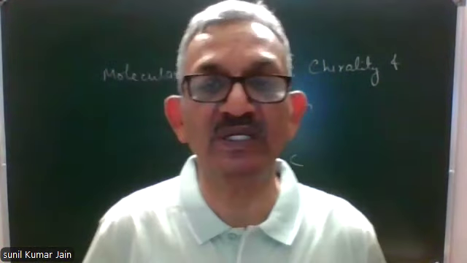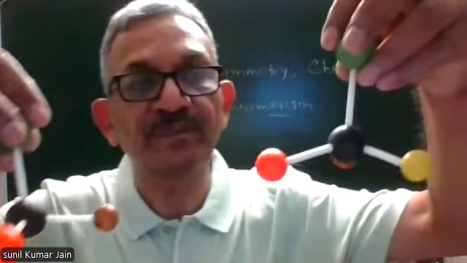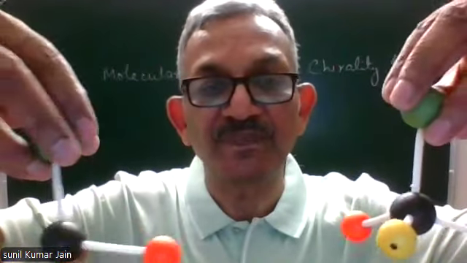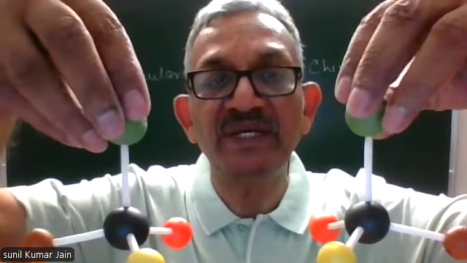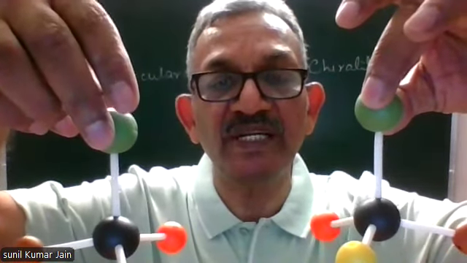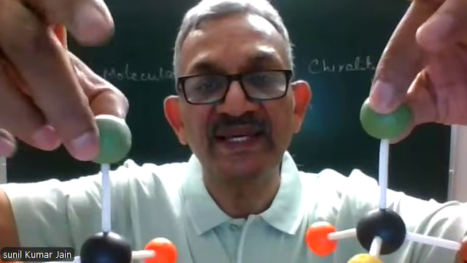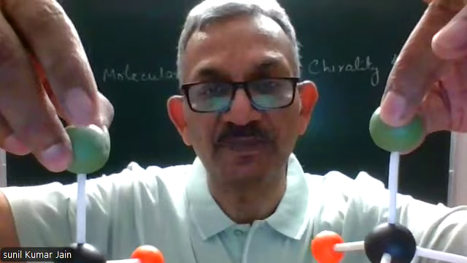First, let me show you the model. I'll tell you again. Look at these 2 models. Look at them carefully. They are mirror image models, mirror image of each other. Imagine there is a mirror in between the 2 and they are mirror image molecules.